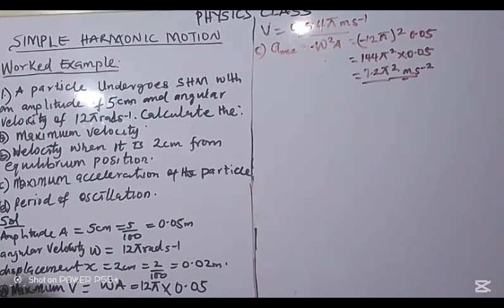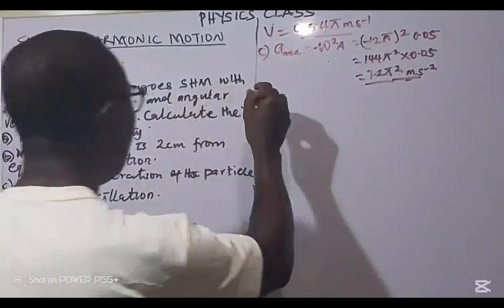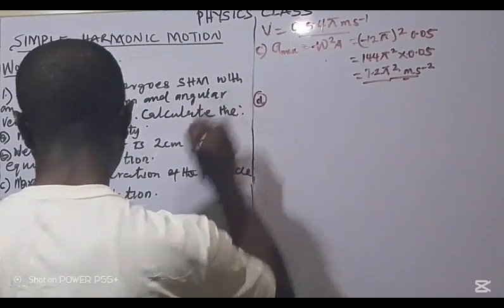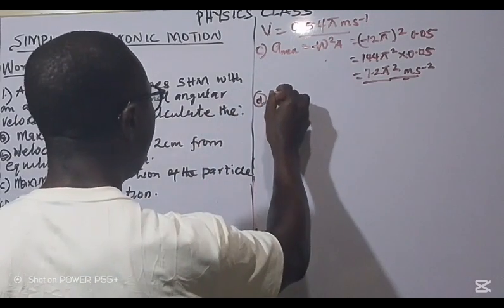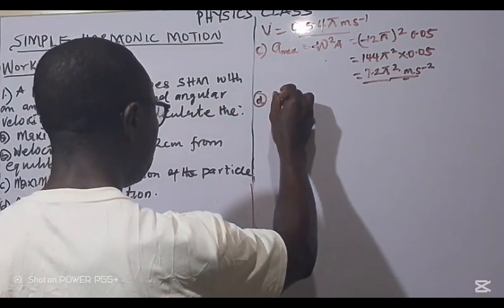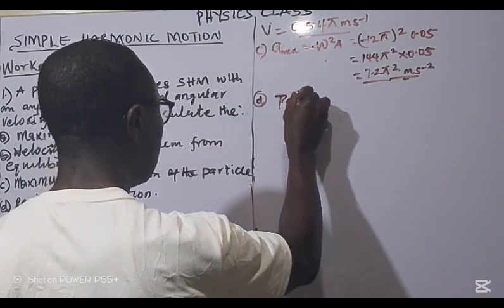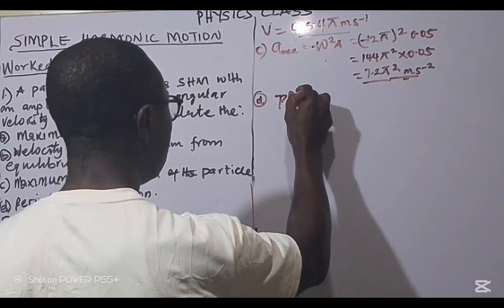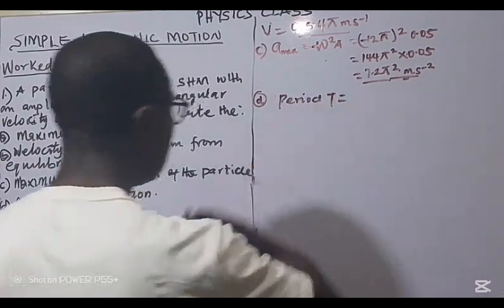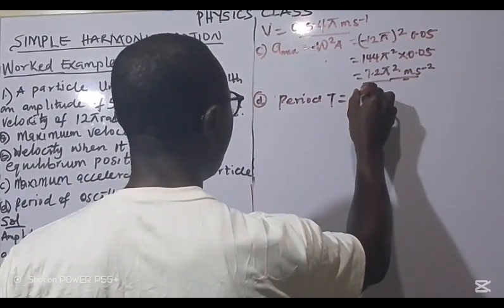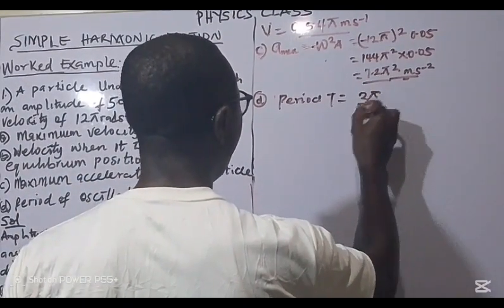And the last one under A, which is D, we have to calculate period. And don't forget, I said our period, which is capital T, according to the formula written the other time, is equal to 2 pi over omega.